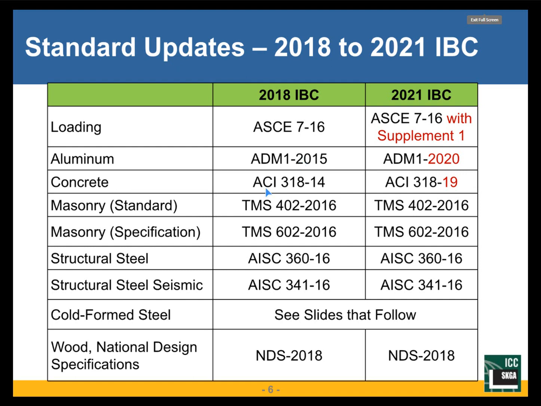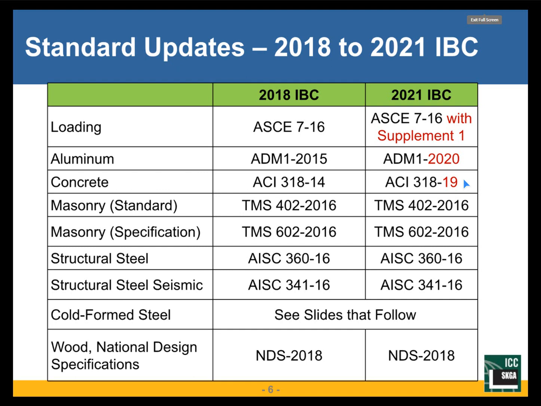The Concrete Design and Construction Standard, ACI 318, has been updated from the 2014 edition to the 2019 edition. That is a major standard. That is probably the most major standard update in the 2021 IBC.